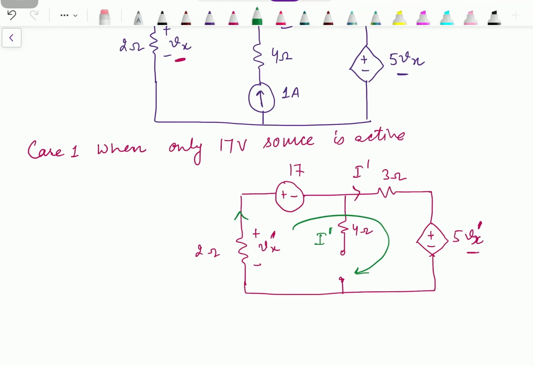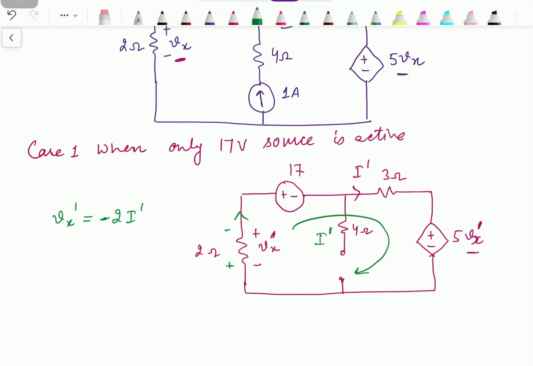According to this direction, the voltage drop polarity across this 2 ohm is the lower terminal positive and upper negative. But the given polarity is just opposite to that. That's why Vx dash is equal to minus 2 times I dash, since the given polarity and the voltage drop across the 2 ohm resistance because of the flow of I dash are different.